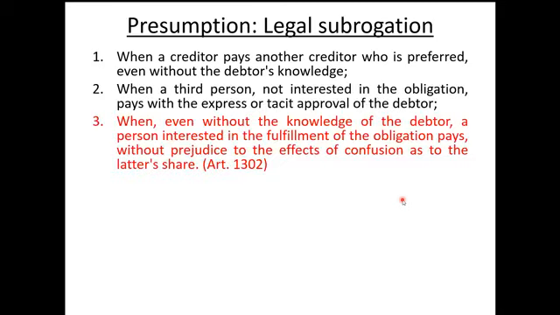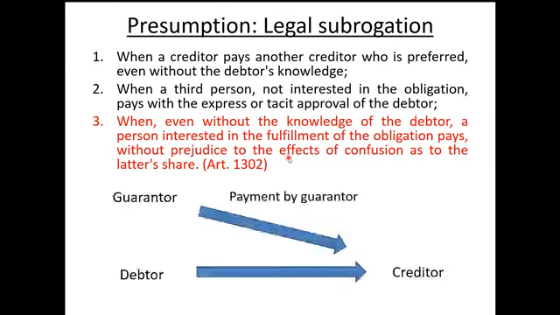Okay, at number 3, when even without the knowledge of the debtor, a person interested in the fulfillment ng obligation pays, without prejudice to the effect of confusion sa latter share. Example, debtor, creditor, ito guarantor. Alam mo kasi yung guarantor, surety, pledgor, mortgagor, mga third person yan na interested in the fulfillment ng obligation. Kasi pag nag-default to, liable din sila.